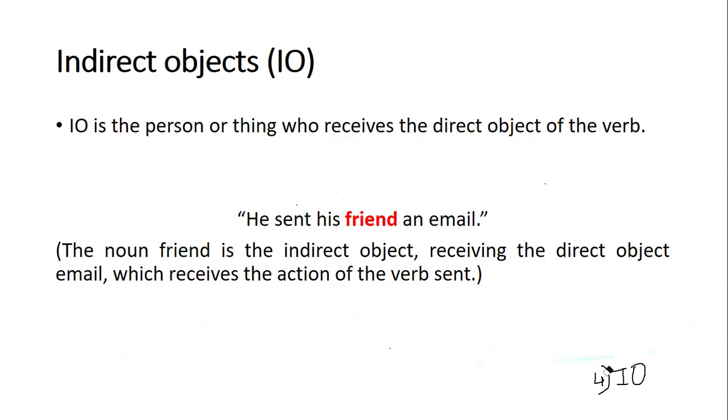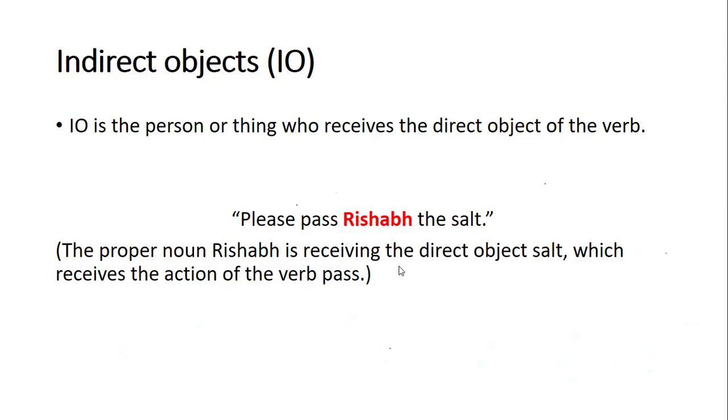But in case you have still not understood, we'll keep practicing till the whole concept of indirect objects is very clearly understood by you, right? So let's proceed to our next example.